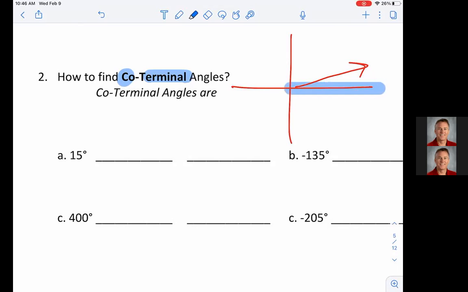Well, I could go all the way around the circle 360 degrees plus another 15, giving me a grand total of 375 degrees. So 375 degrees and 15 degrees, they terminate in the same spot. They are coterminal.